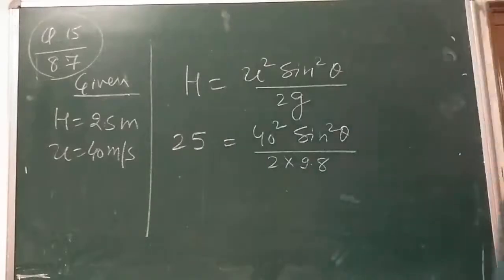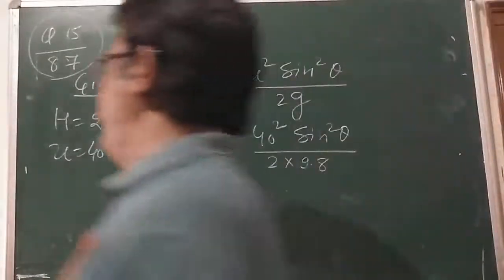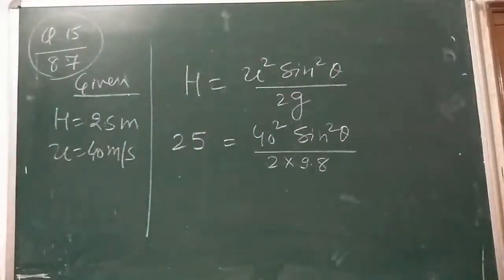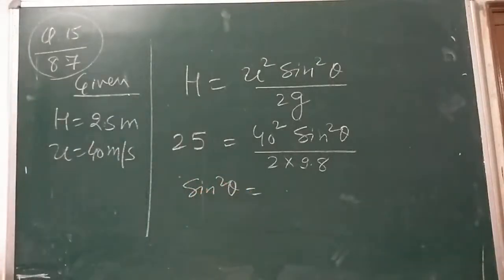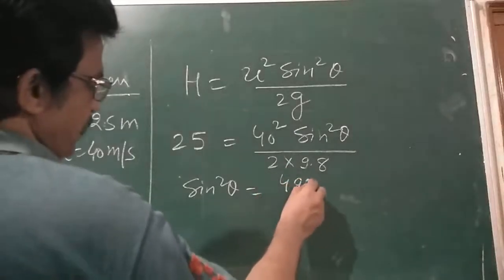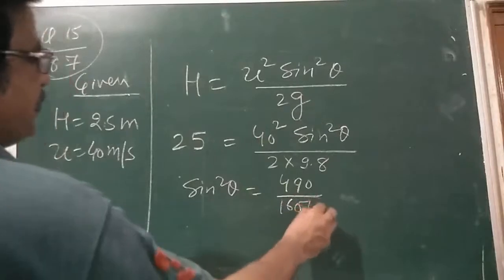If you know the formula, then the numerical is very, very easy. Is it clear? Yes, sir. We can solve it. Sin square theta is 490 divided by 40 square, 1600.